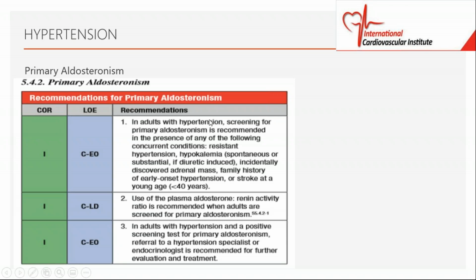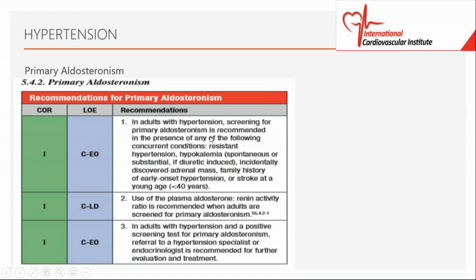In adults with hypertension, screening for primary aldosteronism is recommended in the presence of any of the following concurrent conditions. You're going to look for primary aldosteronism if the patient has resistant hypertension. Even though we have not discussed resistant hypertension, basically it's difficult to treat blood pressure, or blood pressure that requires a lot of medications to control.